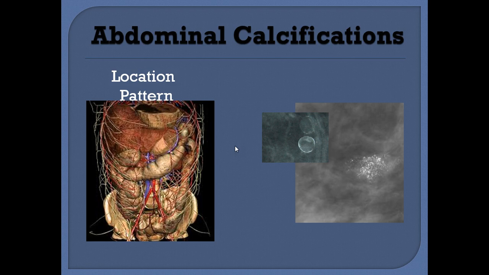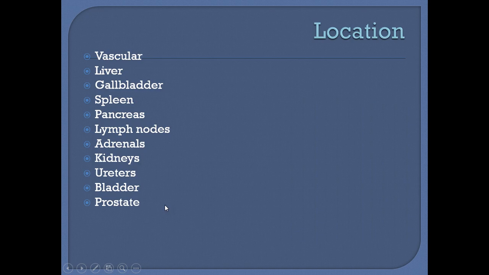Abdominal calcifications. We have to identify the pattern, whether it is peripheral, central, linear, or amorphous. It can be vascular, hepatic, in the gallbladder, spleen, pancreas, lymph nodes, adrenals, kidneys, ureter, bladder, prostate.